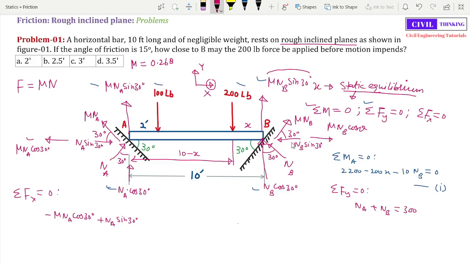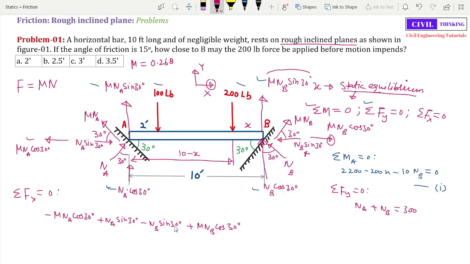Nb sine 30 is towards left, so it is negative, minus Nb sine 30 degrees. Then we have mu Nb cos 30 degree. It is towards right, so it is positive, plus mu Nb cos 30 degrees. This theta is 30 degrees.